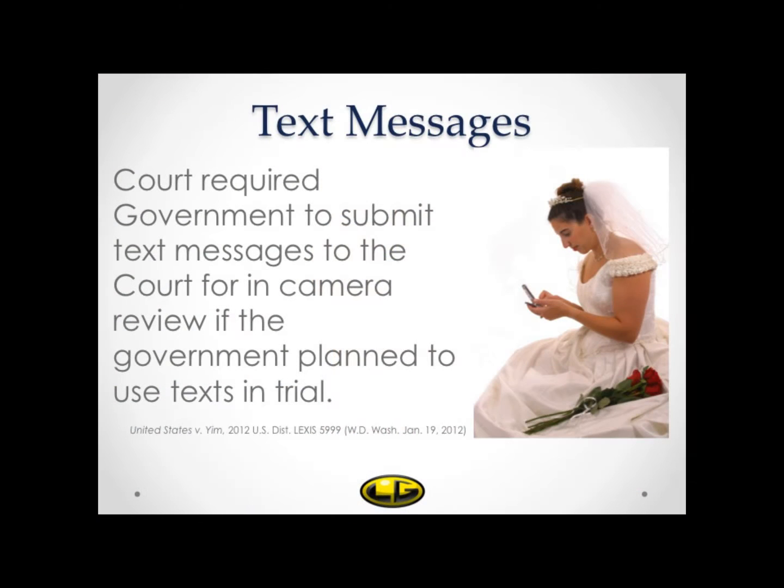It's happened again, or at least courts are cognizant that this could be an issue. In this case, it's a text message case. It's a criminal prosecution, and in it, the court required the government to submit any text messages for in-camera review if the government planned to use any of those texts in trial, for the court to determine if the marital privilege attached at all to any of those text messages.